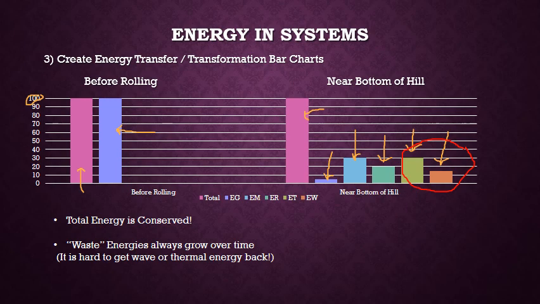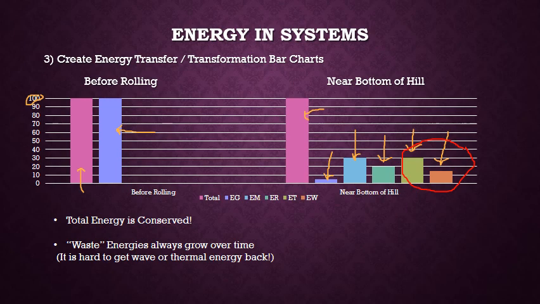And so whenever you have an energy transfer or a transformation, there is a loss of efficiency. We don't get all the energy that we put in out as far as useful energy goes. And so one of the reasons these bar charts are so useful is because as a scientist or an engineer, when you're trying to solve a problem, you're often trying to figure out how to make the best use of your energy.